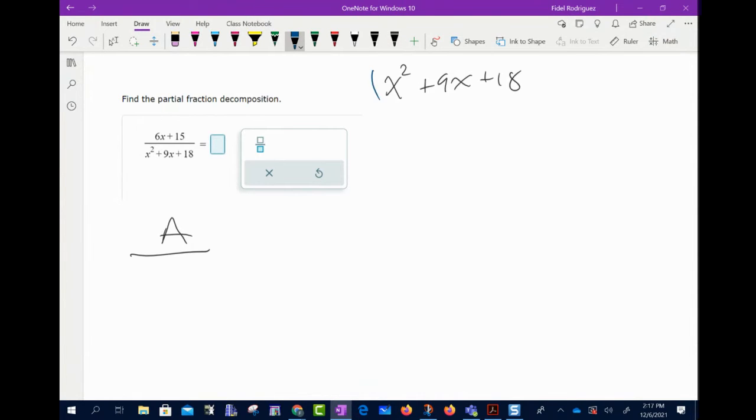Okay, so remember y'all, first step, that number there is a 1. What's 1 times 18? Okay, what two numbers multiply to 18 but add up to 9? They have to multiply to 18 and add up to 9. There you go, okay.